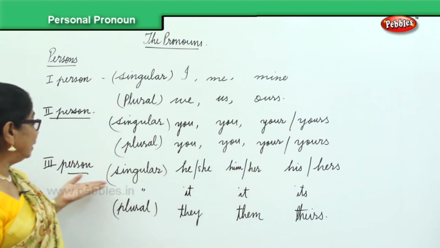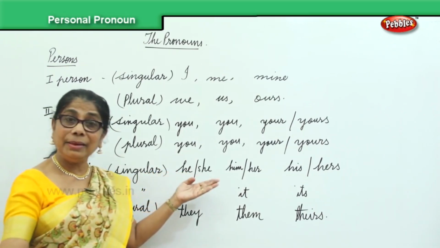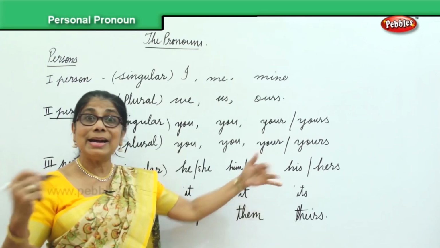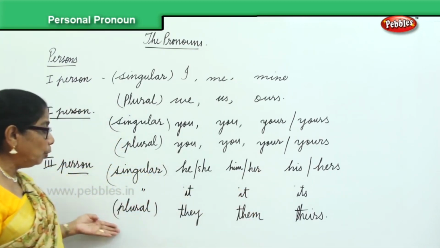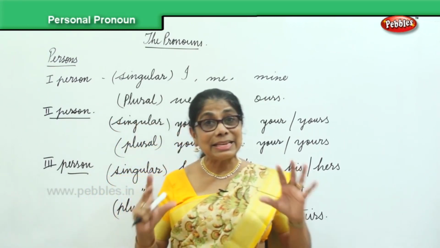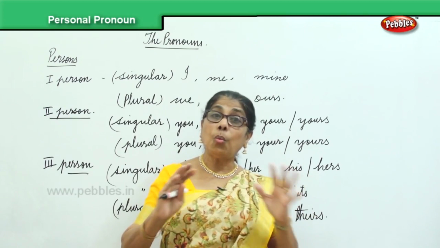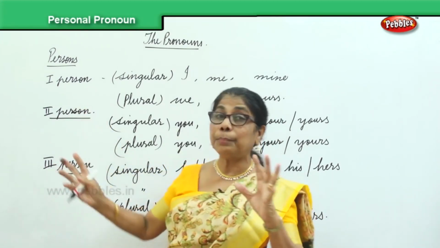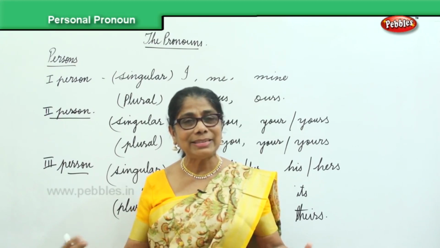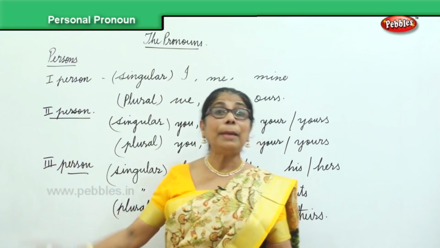Then in the third person singular, he, she, him, her, his, hers. And in the plural form, they, them, theirs. These are single words for us to understand singular and plural, and what is used for the first, second, and third person. We will do exercises for us to understand these first, second, and third person personal pronouns better.